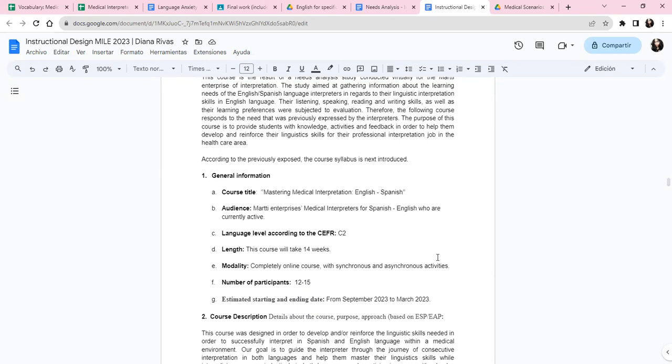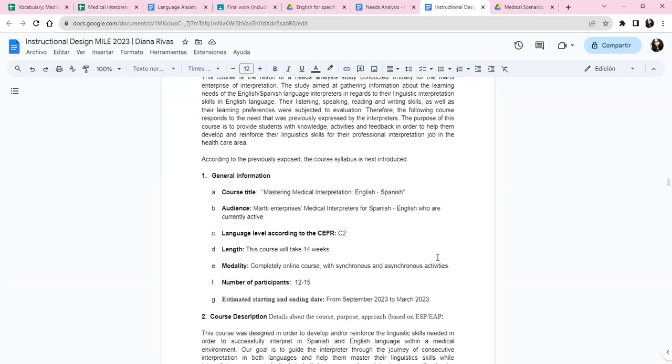And we noticed that, well, first of all, the audience of this course is going to be the Marti's enterprise. That's the first thing, and they are currently active Spanish and English interpreters.